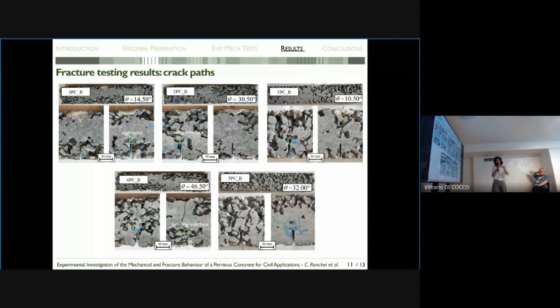Then usually cracks propagate in an irregular manner with a continuous change of direction, and the cracks tend to follow the orientation of both aggregates and pores along their entire path. Moreover, it is interesting to highlight that also the failure of some aggregates is observed.